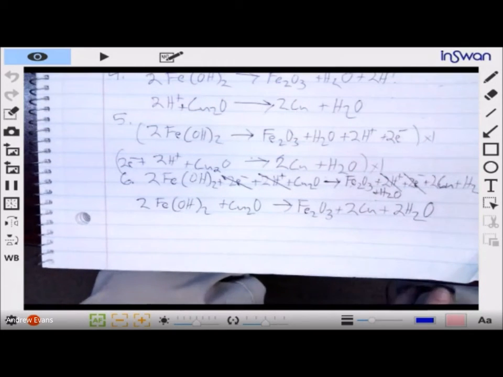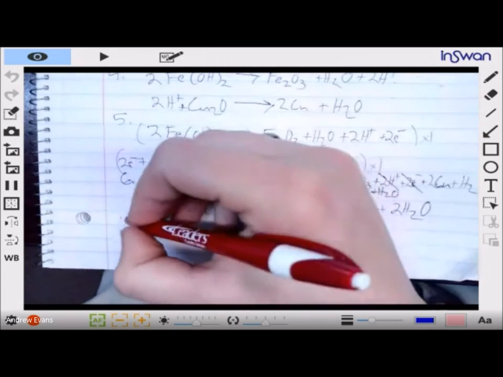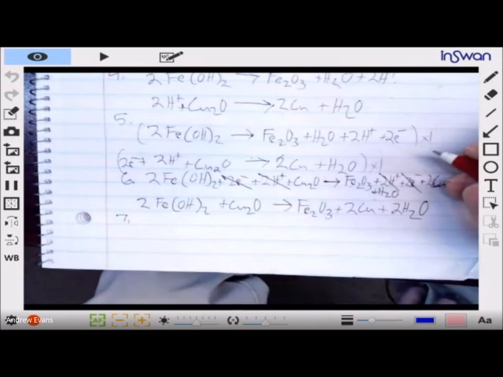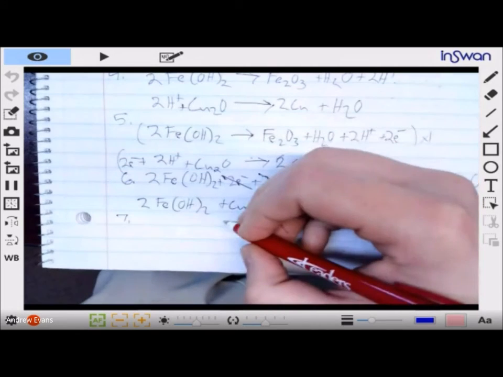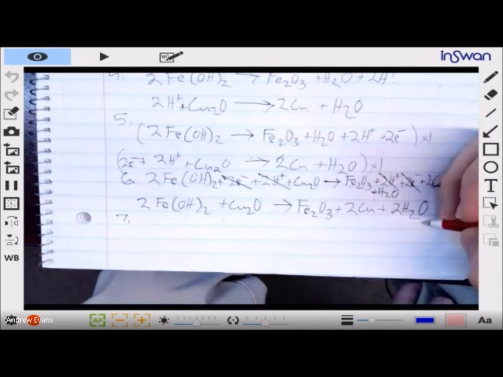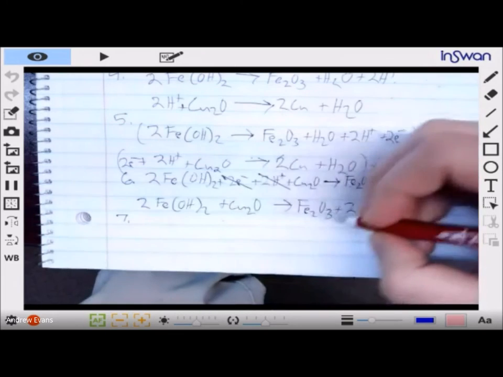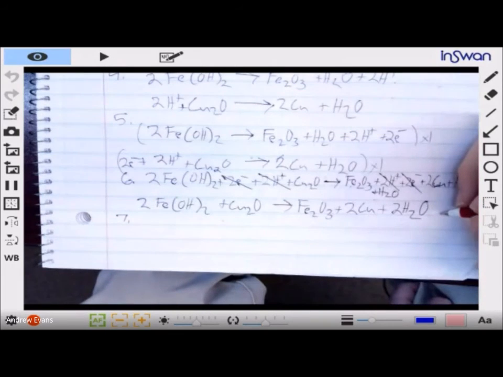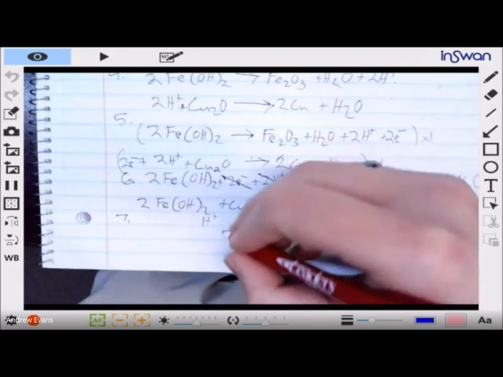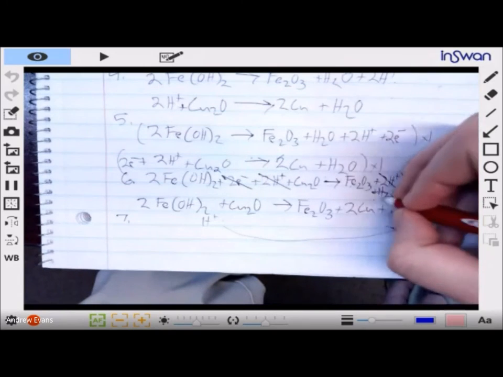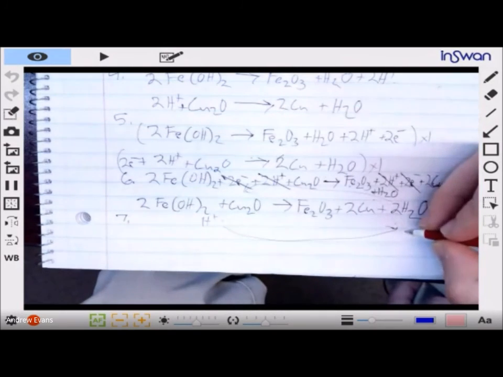At this point, if this is in base, you would have to swap the protons to the other side, and if this was in acid, you would have to do the opposite. For example, if there's a proton over here and a water over here, they swap places, and H+ becomes OH-.